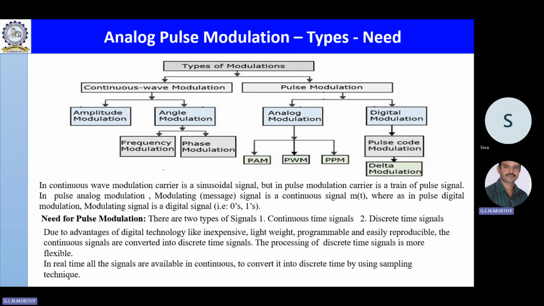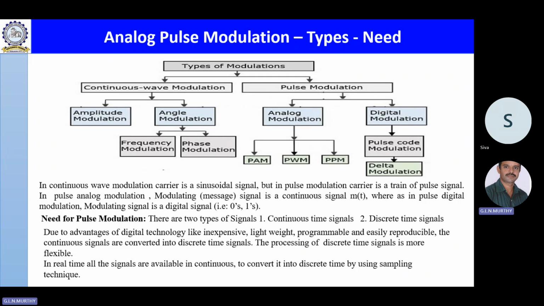Again, analog modulation techniques are further classified into two types: continuous wave modulation and pulse modulation. In continuous wave modulation, the carrier is a sinusoidal, you can use cos omega_c t or sin omega_c t. In pulse modulation, the carrier is a periodic pulse waveform.